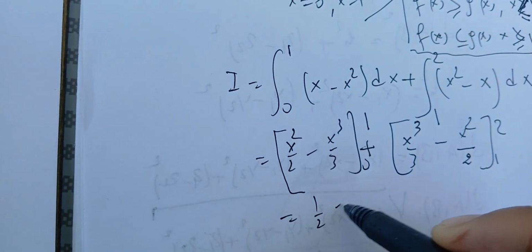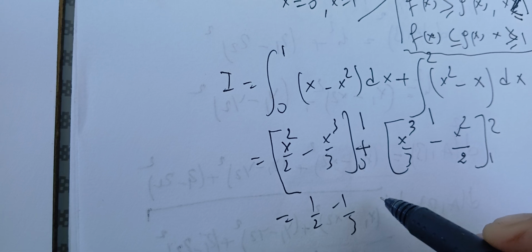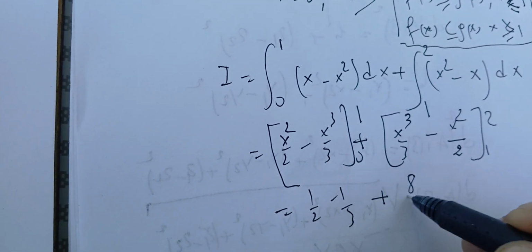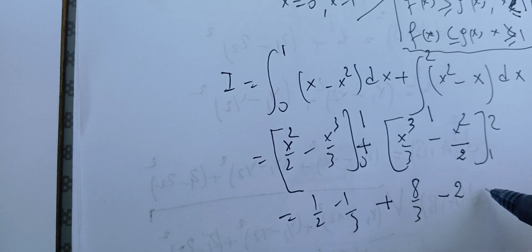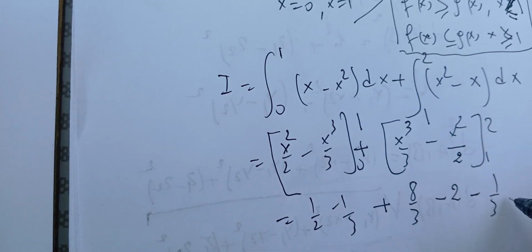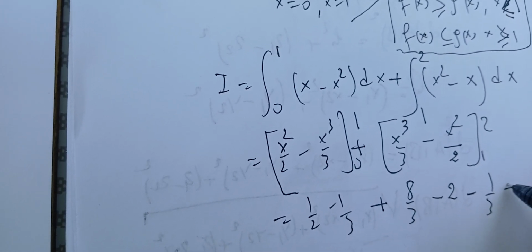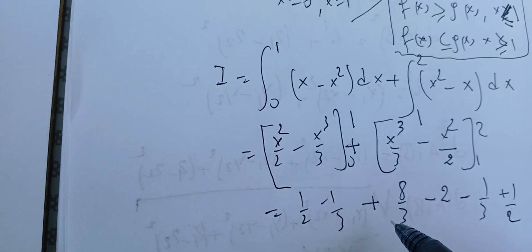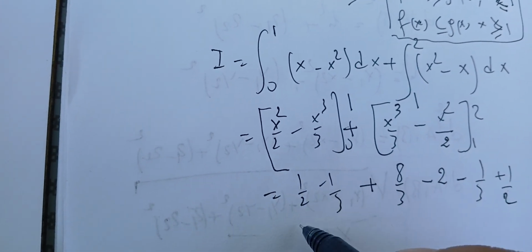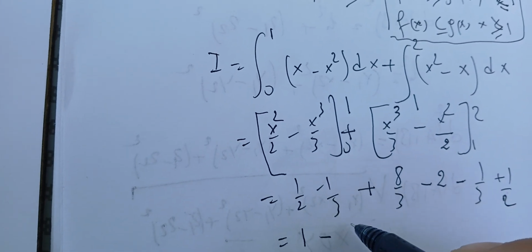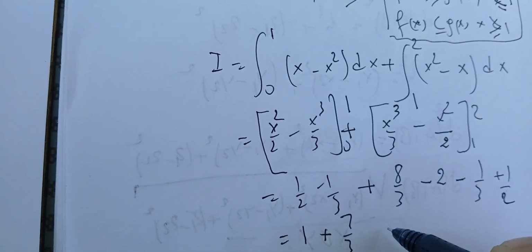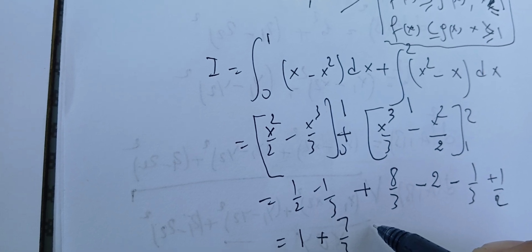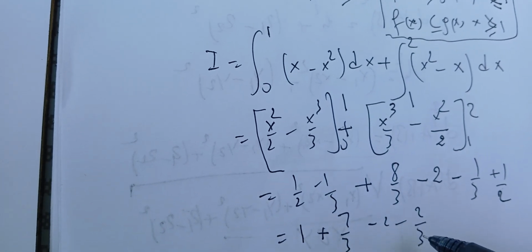We can get 1/2 minus 1/3, and here we get 8 over 3 minus 2 minus 1/3 minus 1/3 plus 1/2. So 1/2 plus 1/2 is 1, plus 7 over 3 minus 2 minus 2 over 3.